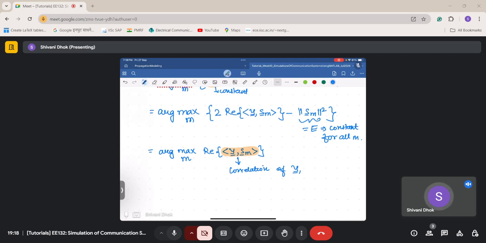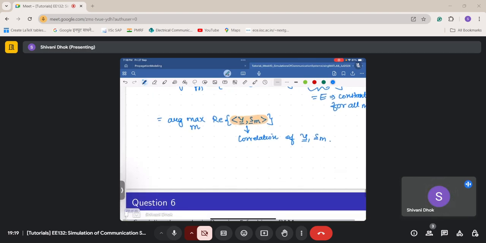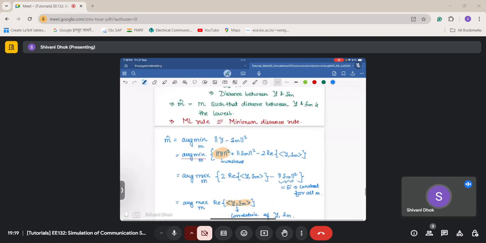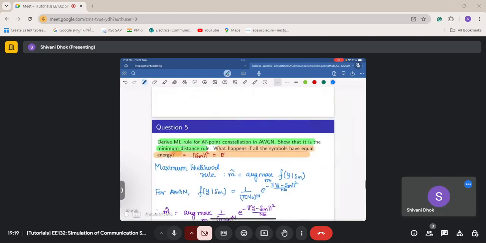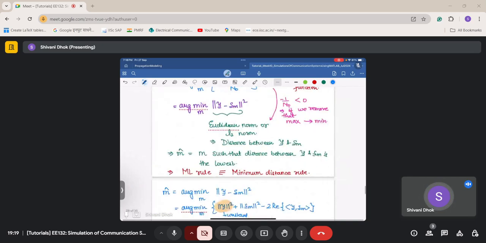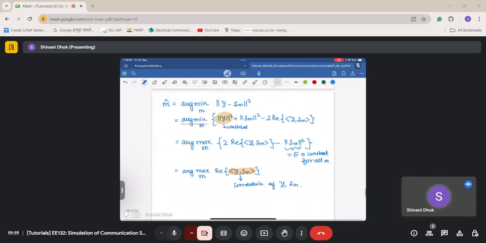So when we have constant energy for all the symbols, what we can do is we can simply project the received vector on all the Sm's and then figure out whichever is giving me the biggest value, that M will give me my decoded symbol. So this part also we have done. If you have any questions, let me know. Otherwise, I'll move on to the next question.